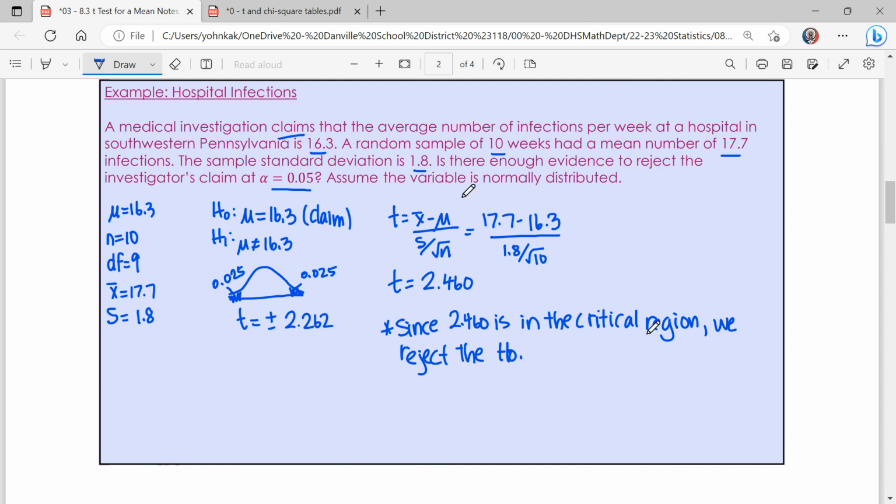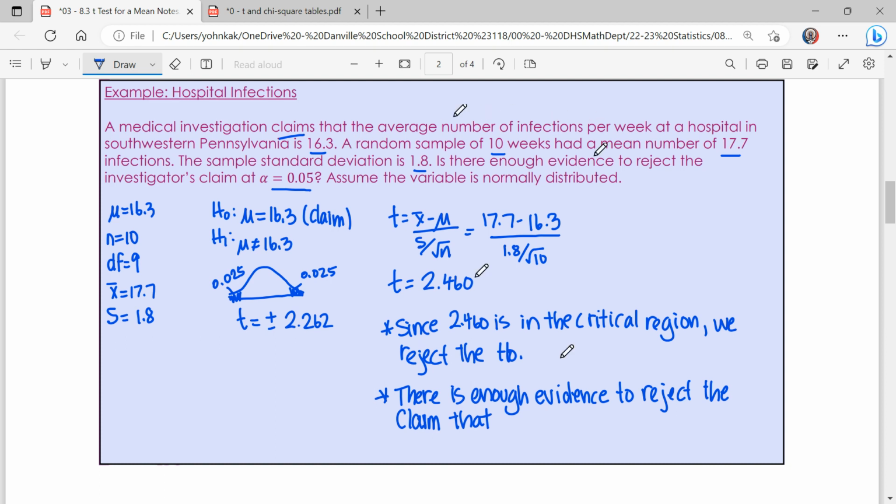All right, since we reject the null hypothesis and the null is our claim, then there is enough evidence to reject the claim that the average number of infections is 16.3, that the mean number of infections is 16.3.